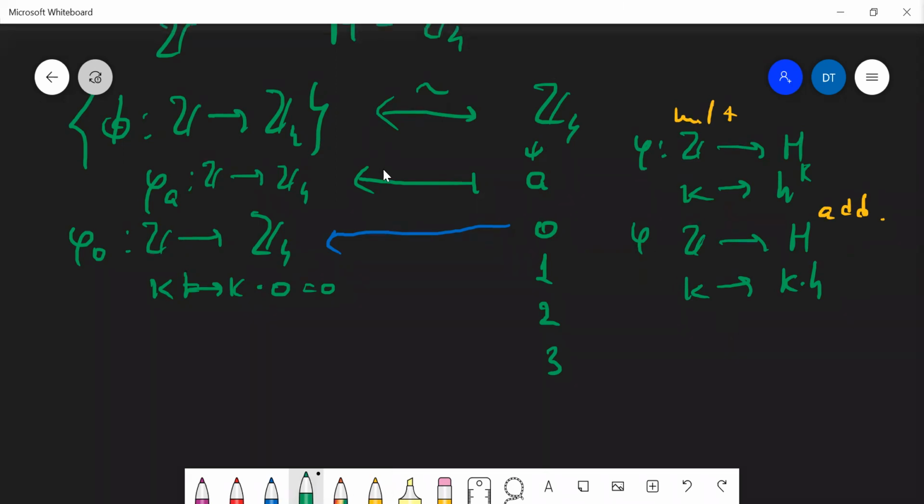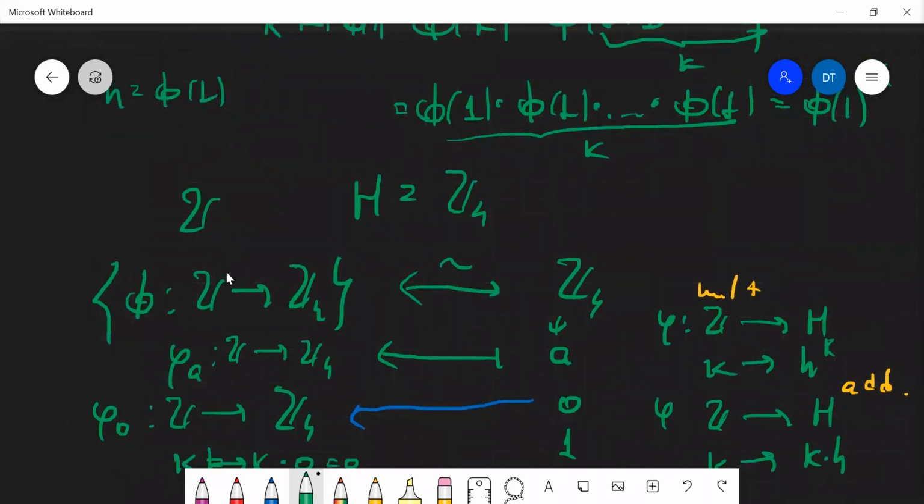Yeah. So our claim was that every homomorphism from Z to a specific group, let's say Z4, is uniquely defined by an element of Z4. So each element of this group defines a homomorphism from Z to Z4.